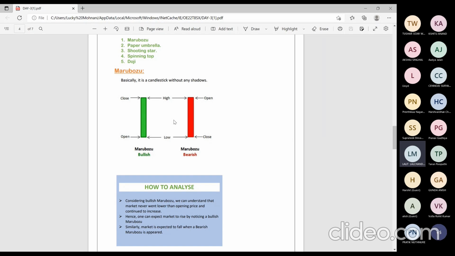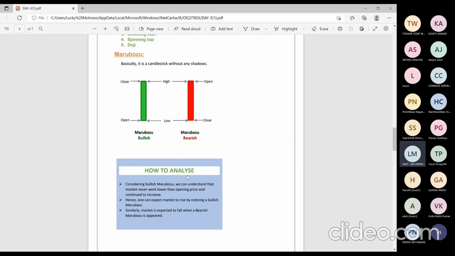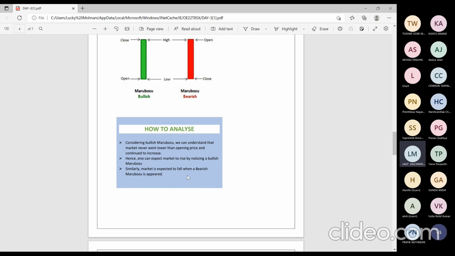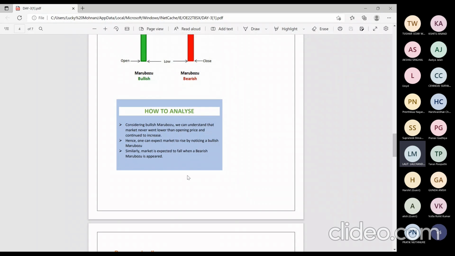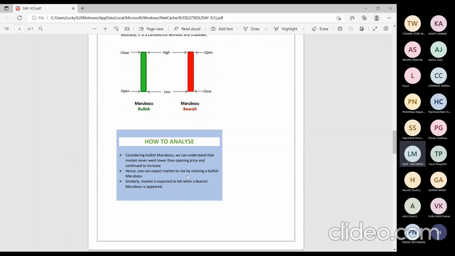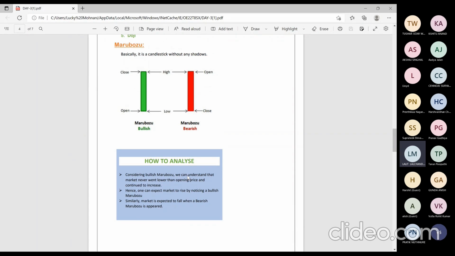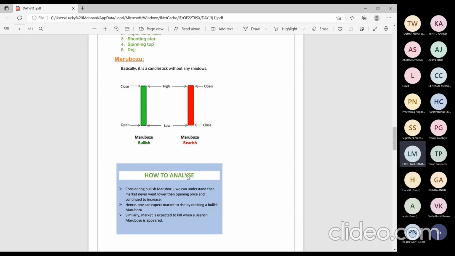If one sees this pattern, his main tendency should be to buy that share, as it indicates very high purchase demand. That is for the bullish Marubozu. Similarly, for the bearish Marubozu, the share has very high selling pressure, so whatever low price it reaches, it closes at that price.